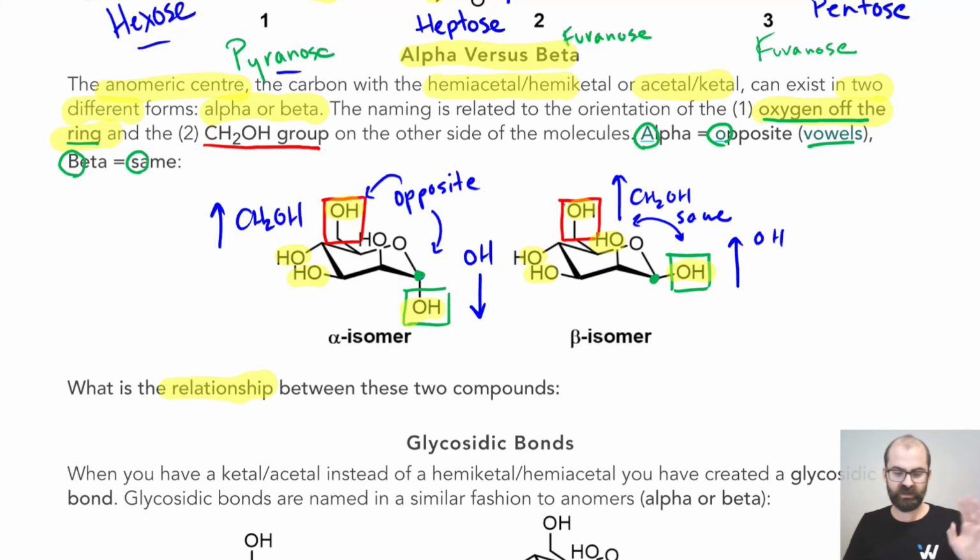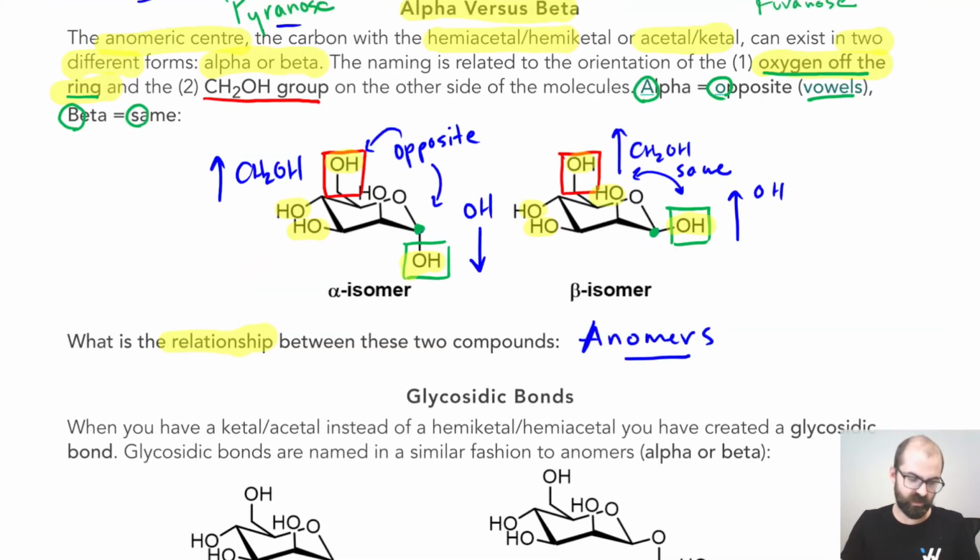So they actually aren't different structurally. They're just different tautomers of each other, but they have been assigned a special name because they differ in the orientation at the anomeric carbon. We call them anomers. And different anomers are going to have different optical activity, but they structurally are the same, and they have the same sort of features. And you can interconvert between two anomers in a relatively straightforward fashion.